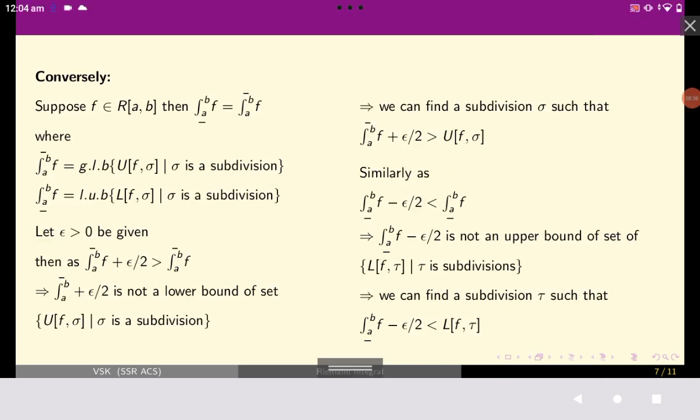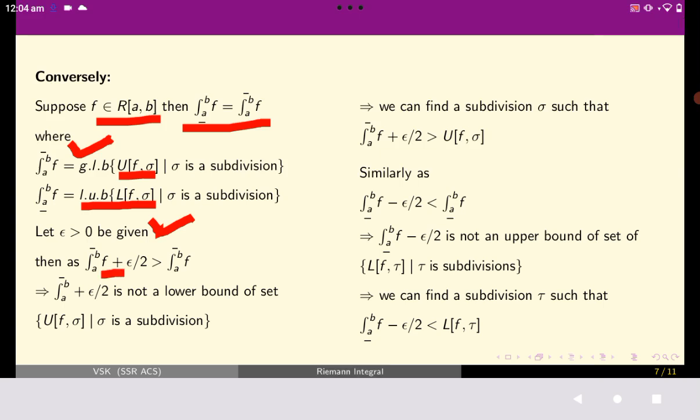Suppose that f is Riemann integrable, that is, the lower Riemann integral is equal to the upper Riemann integral. Now by definition, the upper Riemann integral is the GLB of upper sums and the lower Riemann integral is the LUB of lower sums. Now let epsilon greater than 0 be given. Then the upper Riemann integral of f plus epsilon by 2 is greater than the upper Riemann integral of f.